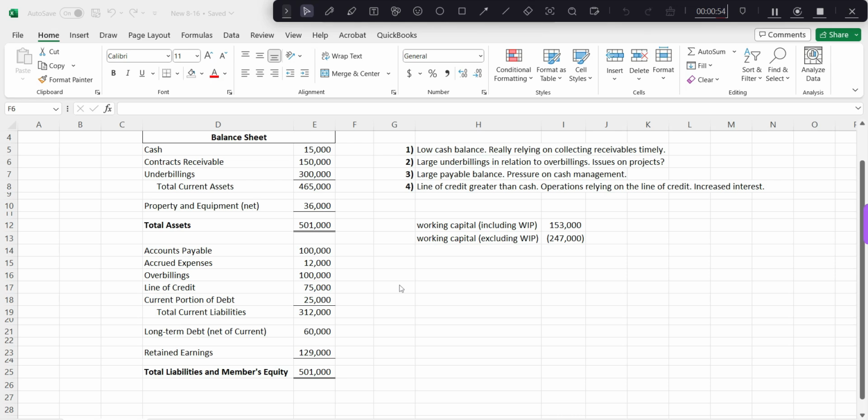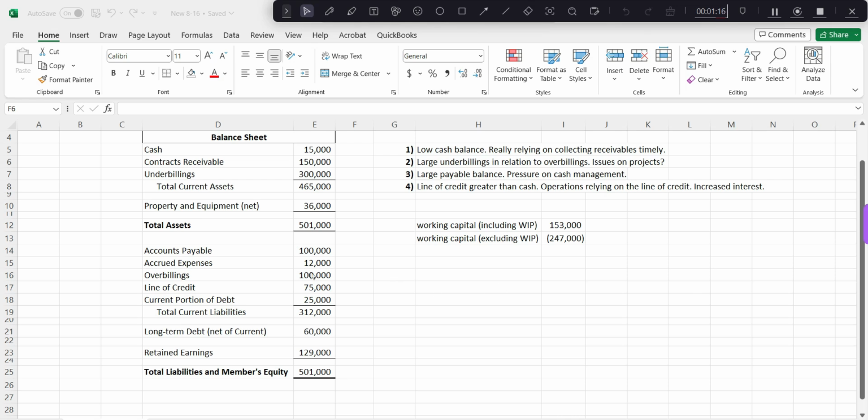Number three, large payable balance, $100,000 in payables. Just look at your cash and your AR, just barely above your AP. Puts a lot of pressure on your cash management. What that does is it leads to more draws on your line of credit.